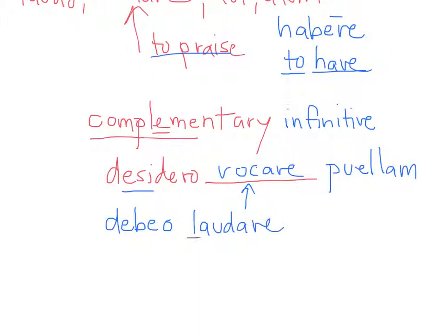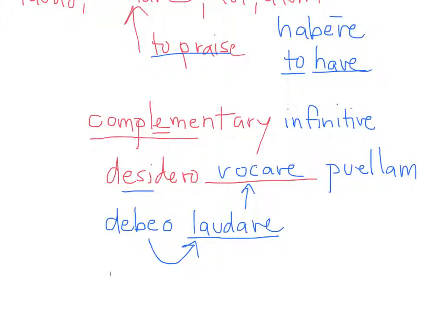You have to complement or complete the idea of debeo, I ought, with a complementary infinitive. To praise. To call. To have. The infinitive is always translated as to do something. And after certain verbs, like verbs of desiring or obligation, you have to complete the idea.